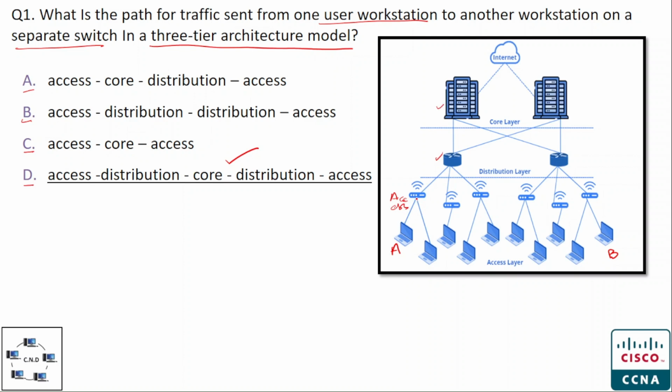So the traffic will first move to this access switch, then to this distribution switch, and then to this core switch, then to this distribution, and then to this access. So we have the path access, distribution, core, distribution, and access. I hope this is clear. So let's move forward to the next question.